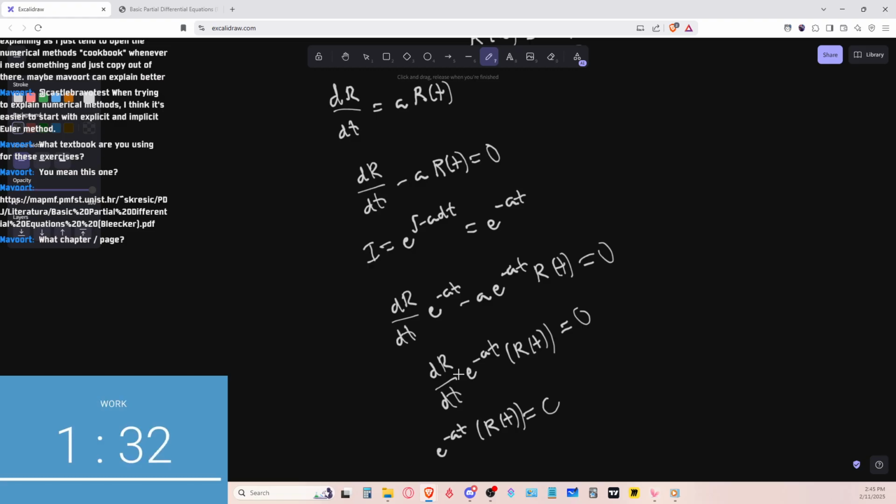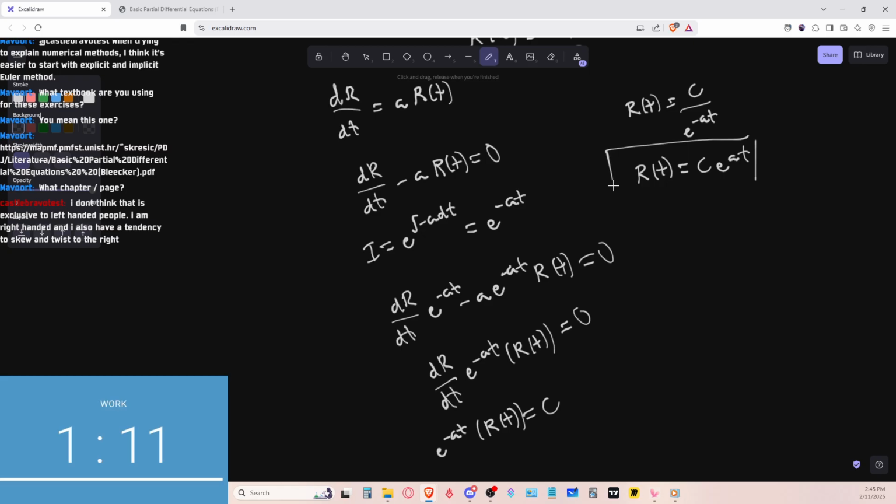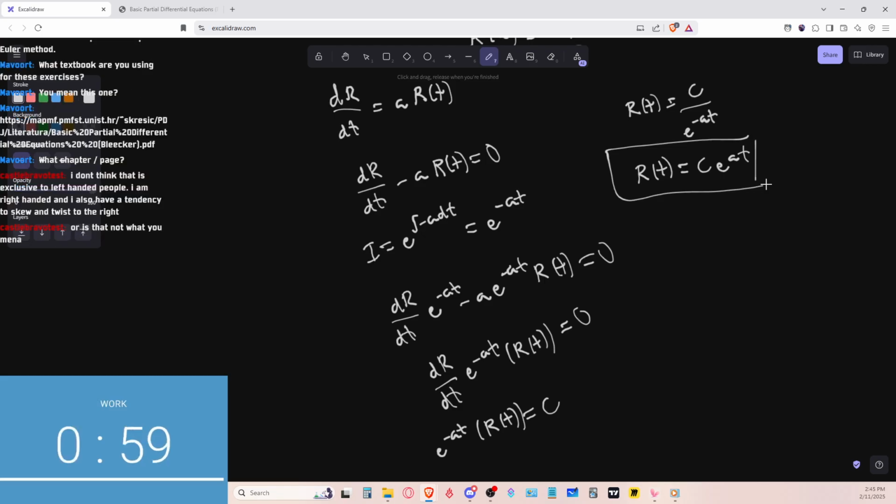Then we have to divide both sides, so R of t, which is underneath here, but it will also carry up because it's also a negative, so we're going to carry this up here, and then we're given this, which is what we started with, yeah.